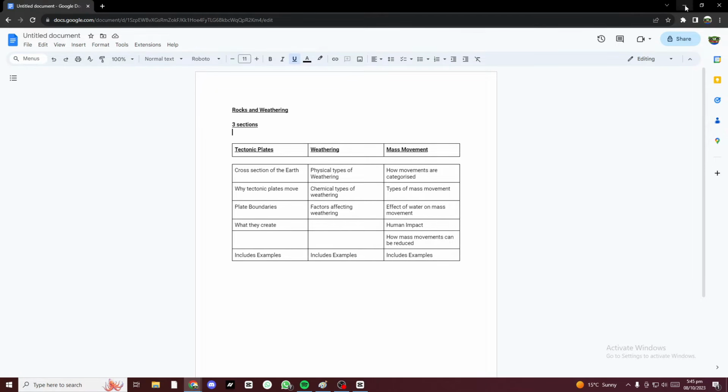Factors affecting weathering. Okay, so this is quite straightforward. Okay, so let's say an area has a high temperature and a lot of water.